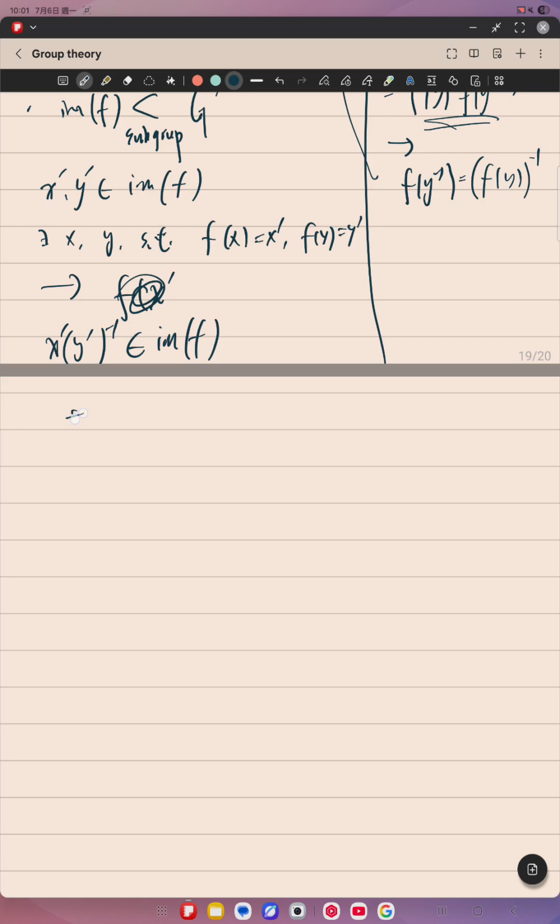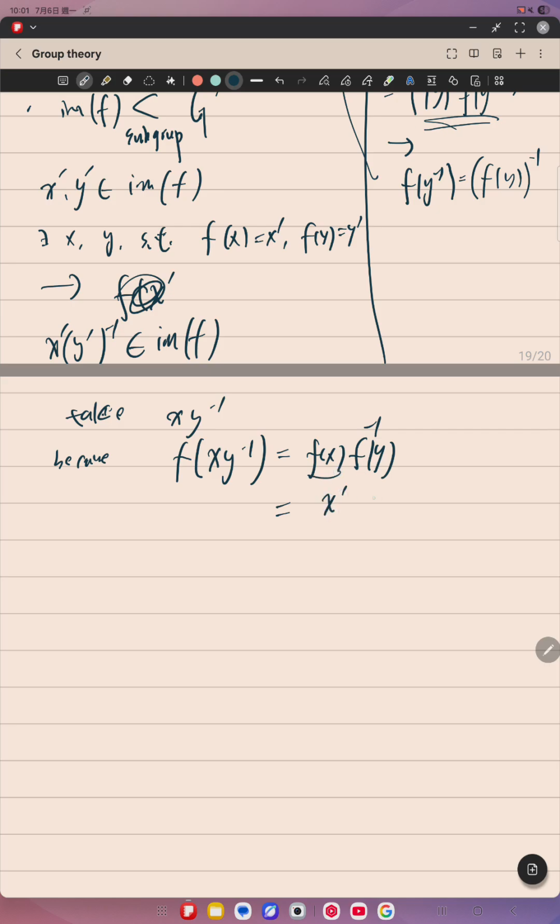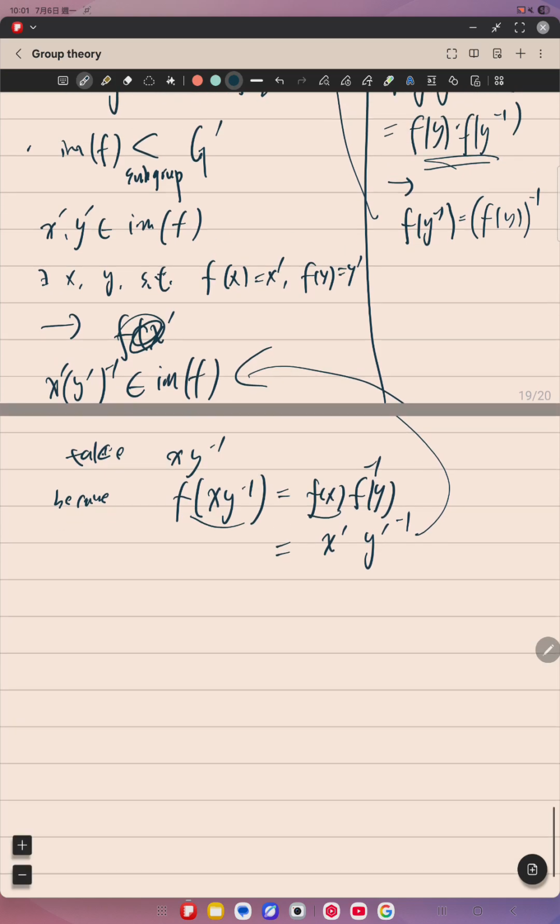Obviously I can just take x y inverse, because if I compute f(x y inverse), I get f(x) f(y) inverse. This guy is x prime, and this guy is y prime inverse. So we prove this condition. Indeed there exists a pre-image, you just use x y inverse. So we prove it's a subgroup.